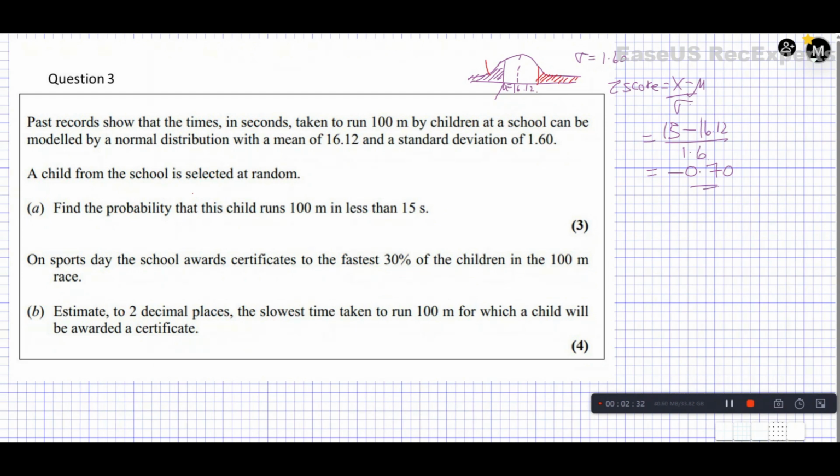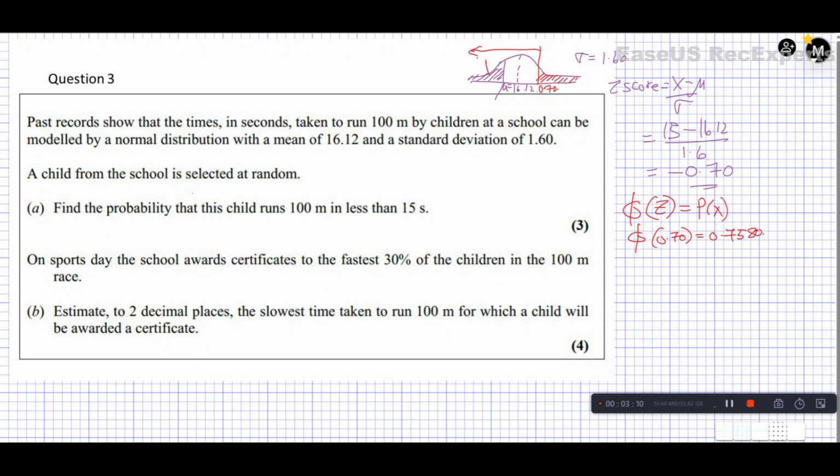So now since it's negative, we can find what is the phi for positive z. Okay, equals to px. So the phi of positive 0.70 is 0.7580. Okay, this is from the formula sheet. So therefore, since this is for positive, meaning everything from the left, for the positive 0.70, so everything on the left.